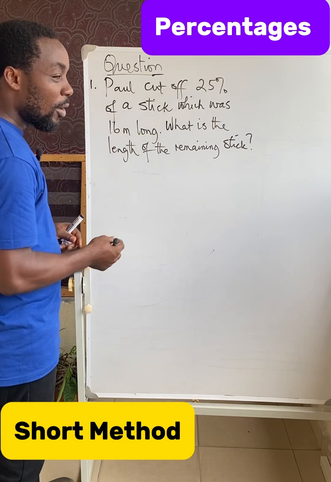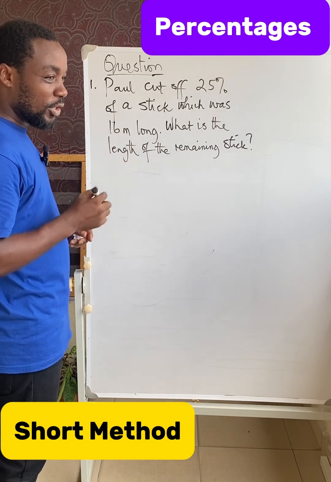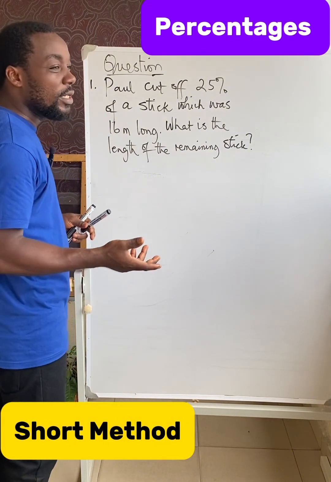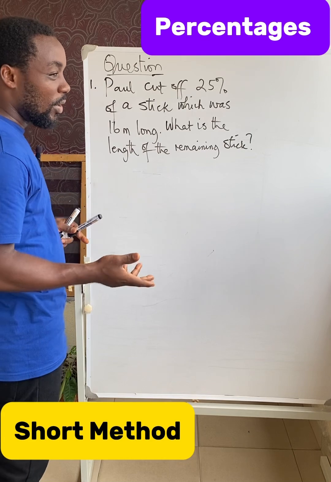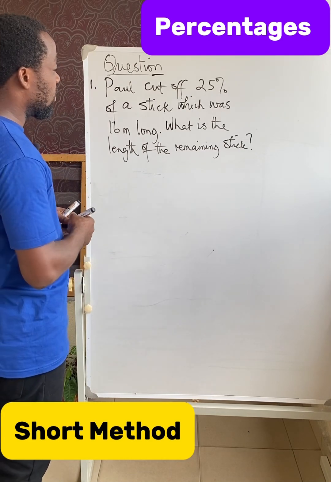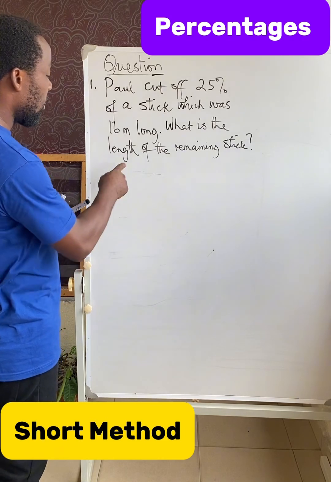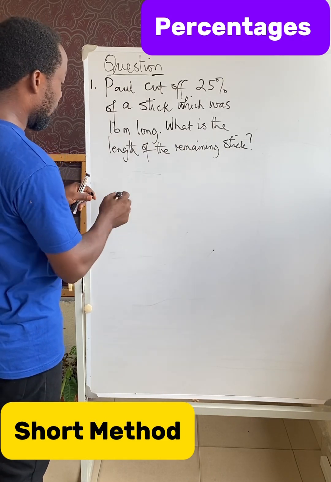Now, I will show you the long method and also show you the short method so you know which is better. The long method, which most children do according to what they are taught, is to find out 25% of 16 meters.